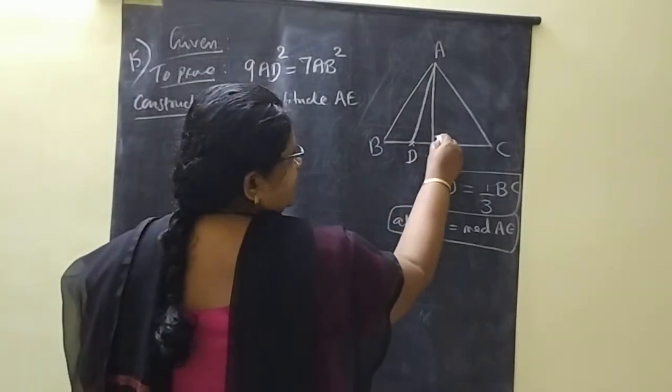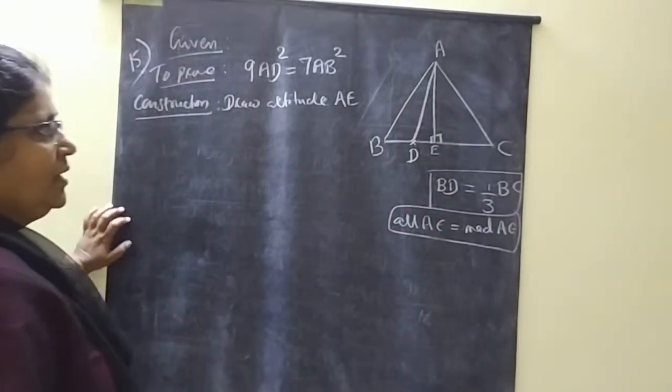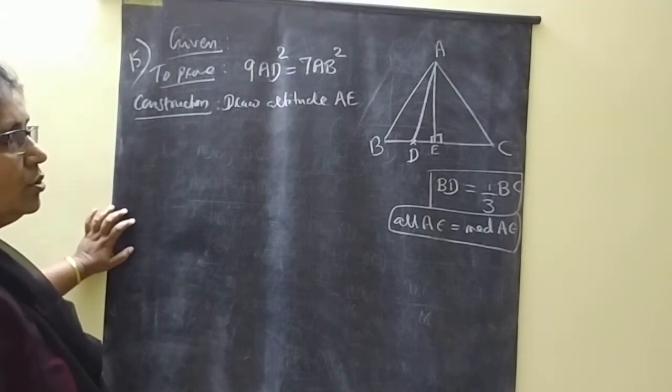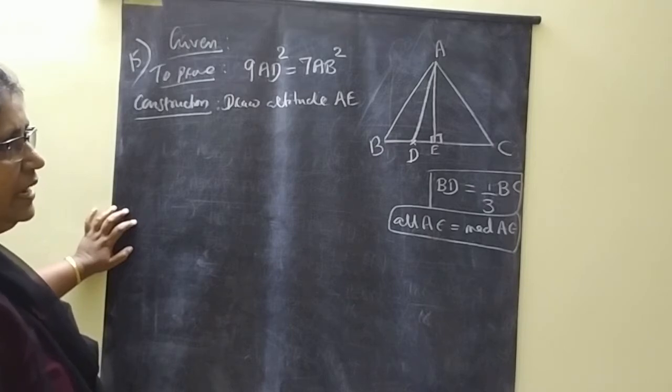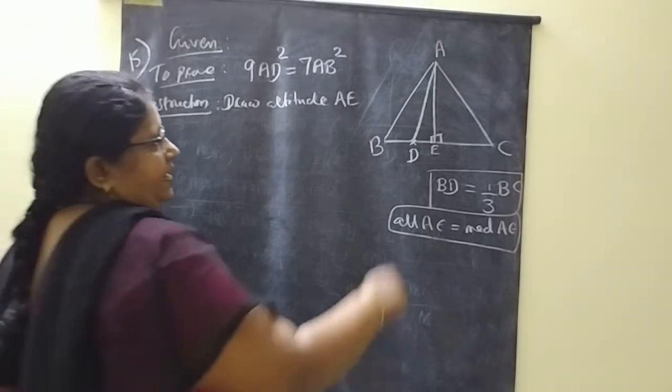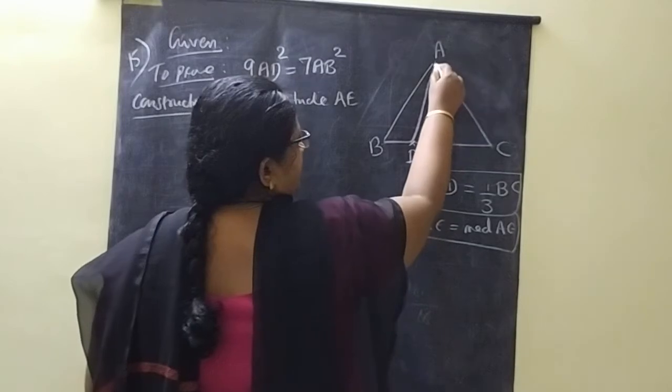Now this angle is 90 means this is also 90. So many right triangles are there. So we can take A, E, B, it is a right triangle.